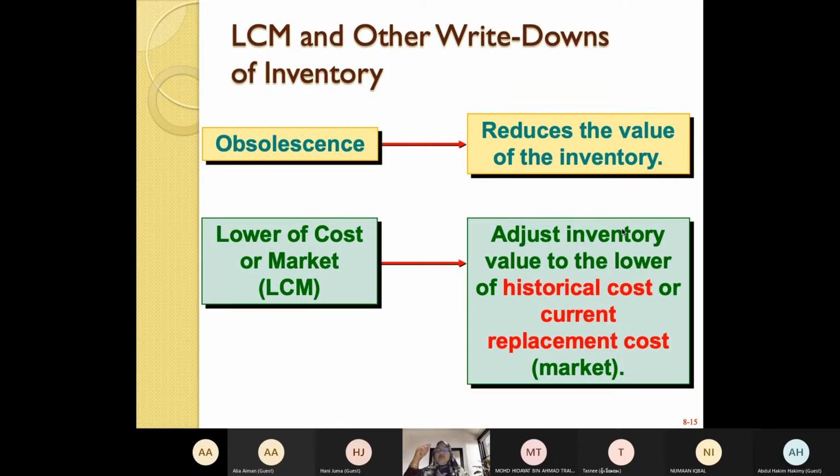So which value must appear in your financial statement? The cost or the market value? Market value. Market value. Why? Because the market value in this case is lower than the cost, right? So you have to take the lower. So for that, you have to adjust your inventory.